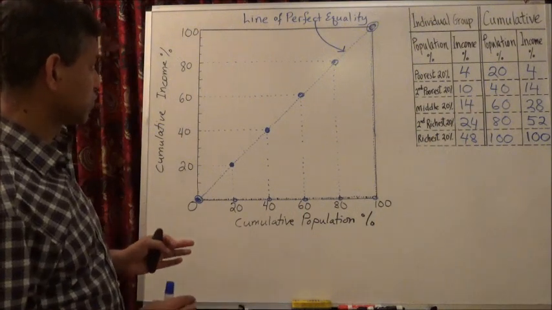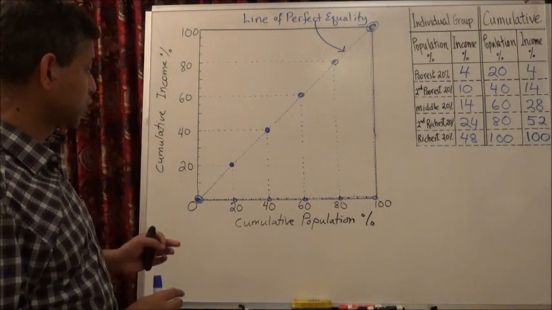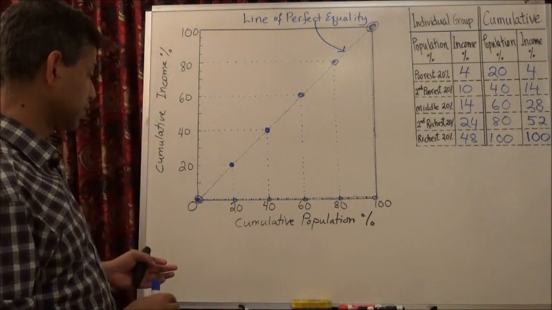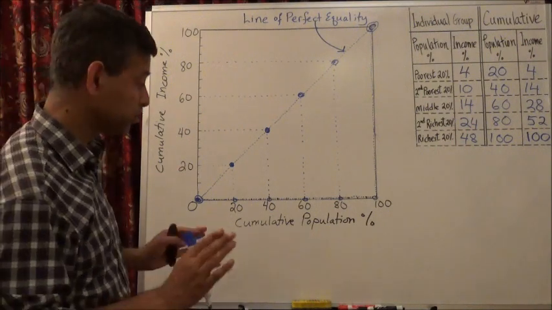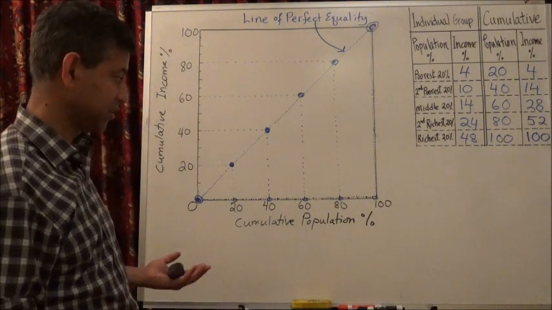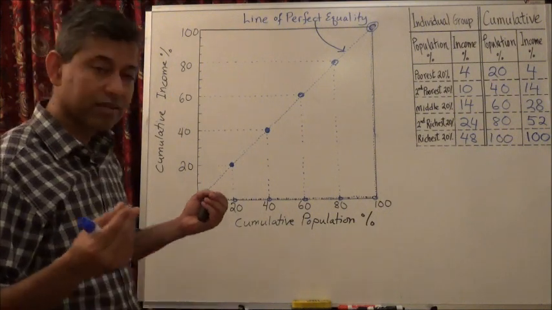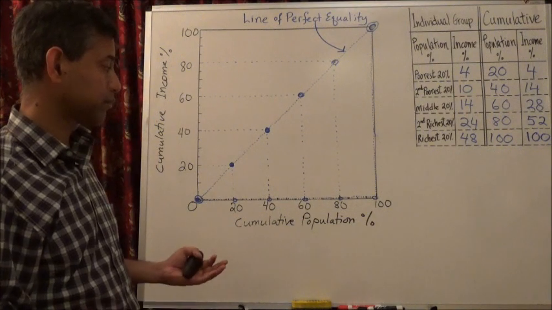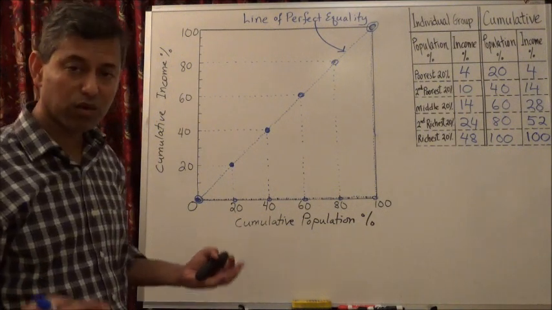The other note to make is that we could envision the other extreme, whereby no one, or almost no one in the country has any income except one person or one family, and that person or family has all of the income.